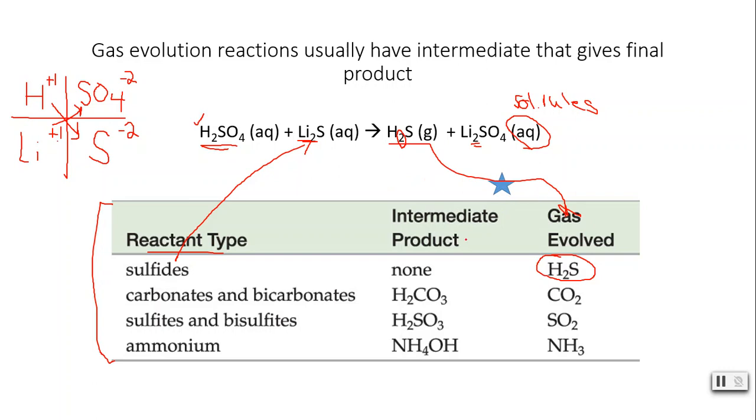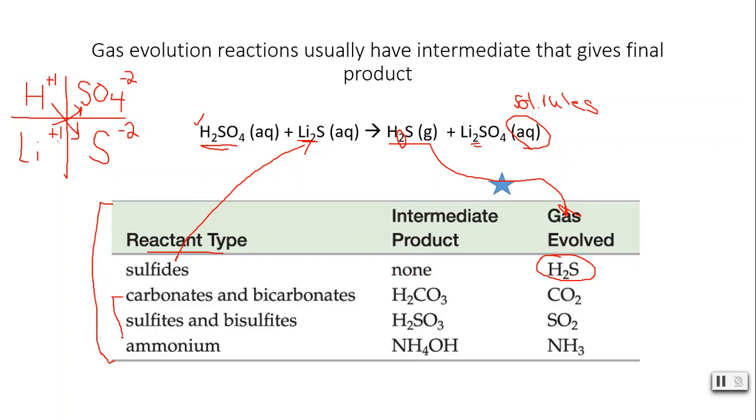Last point to make about this slide is that gas evolution reactions usually produce their gas because their intermediate product is unstable. Now, in the case of the sulfides, you don't have an intermediate product. You just produce H2S.